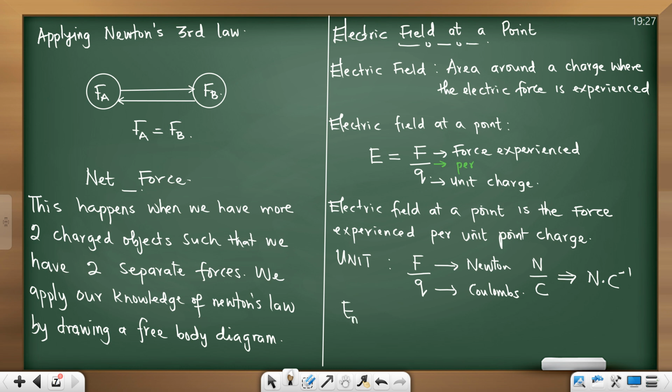E net, therefore, is F net over Q. Point charges are always positive. Take note. Now I'm just introducing my net formula there. Somebody was raising a hand. I don't know if it was to ask a question.